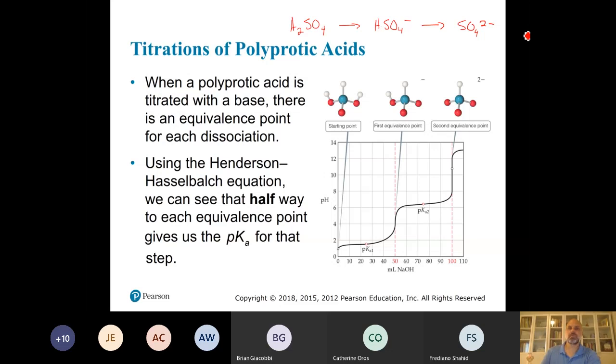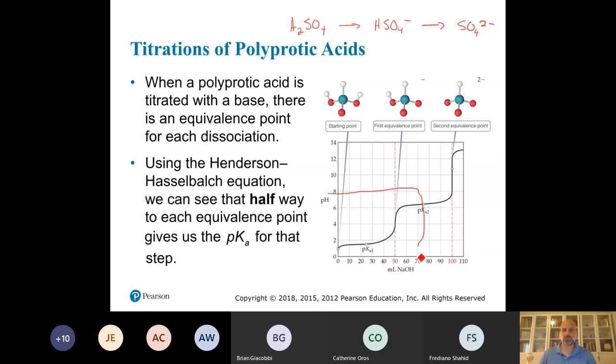So this is an example where we're starting with a strong acid, and then in between, from this first range from here to here, we're seeing the conversion from H2SO4 to... I'm sorry, that's not right. My bad. Right from here to there.